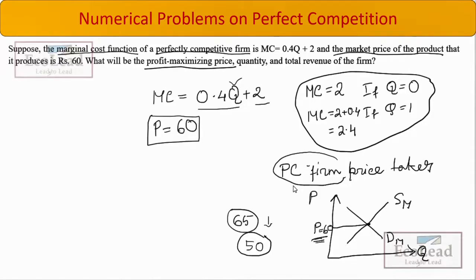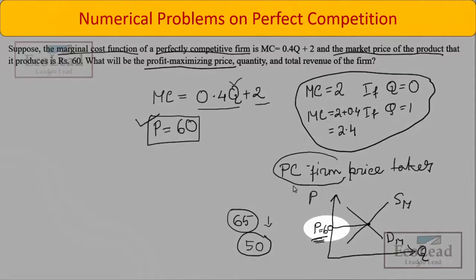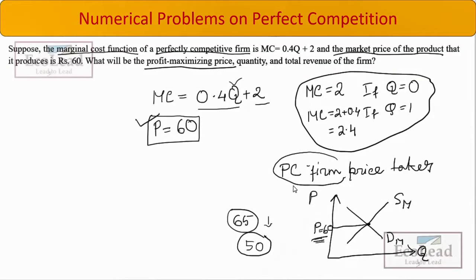So this firm as well as its competitors will all start making lesser profit. So there is no incentive for the firm to reduce the price either. So what will be the profit maximizing price for this firm? The profit maximizing price for this firm will be the market prevailing price. Clear? So now we will move to the next problem.